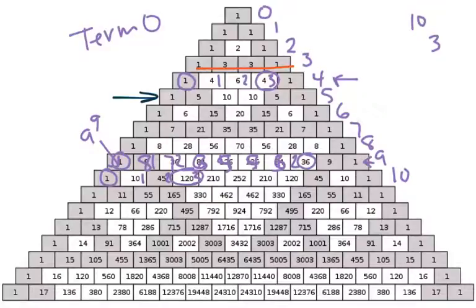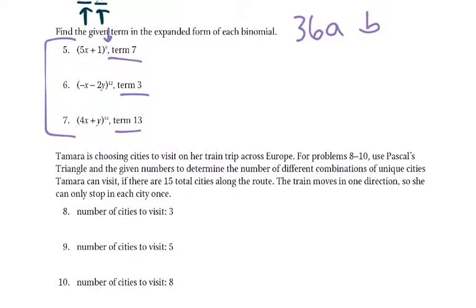You could have worked backwards. I went, this is B to the 9th, B to the 8th, so B to the 7th, which would mean A would have to be squared because 2 plus 7 has to equal 9. So A squared, B to the 7th. So my A is 5x, so 36 times 5x squared.